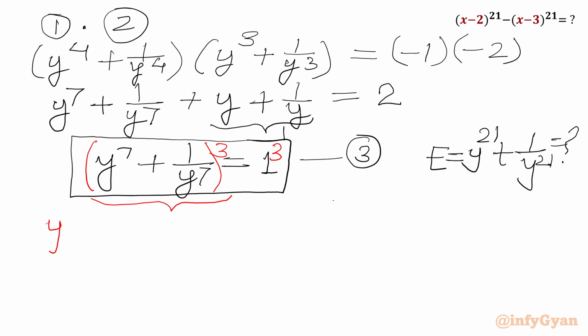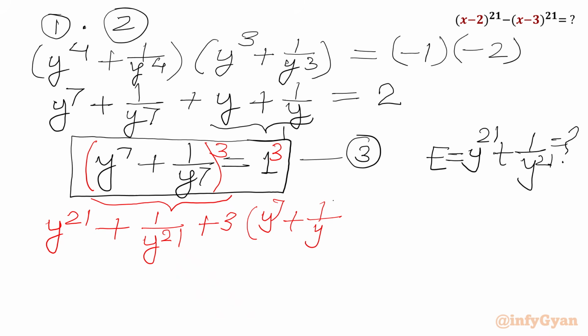So we can write (y power 7) whole cube, y power 21, plus 1 over y power 21, plus 3 times y power 7 times 1 over y power 7, which will be 3, times y power 7 plus 1 over y power 7, equal to 1 cube, which is 1.